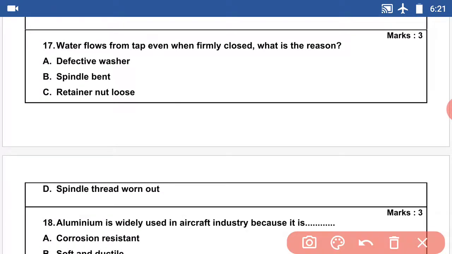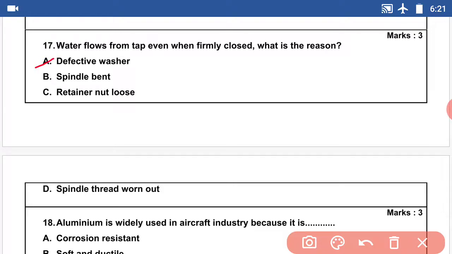Water flows from the tap even when firmly closed. What is the reason? The answer is defective washer, option A.